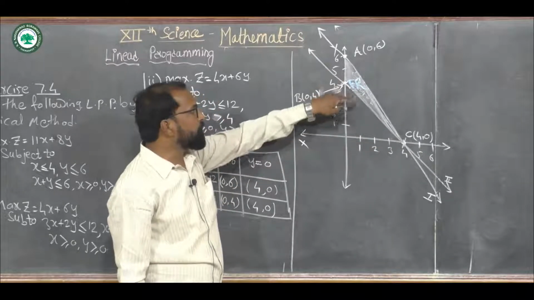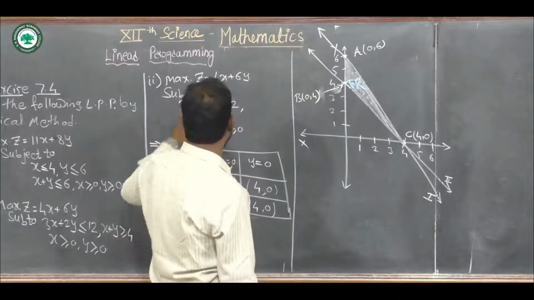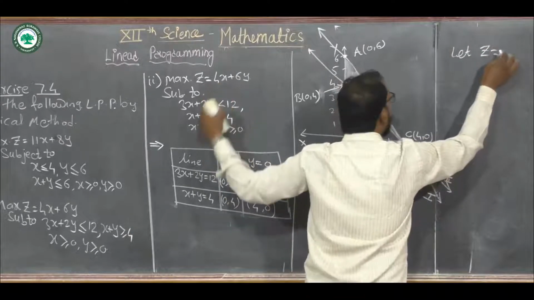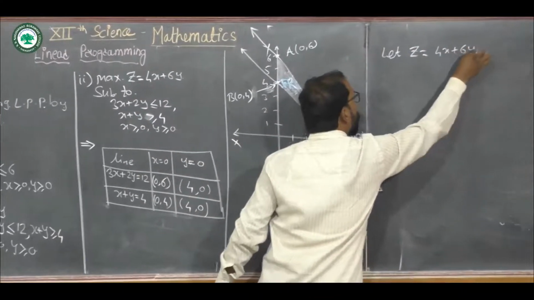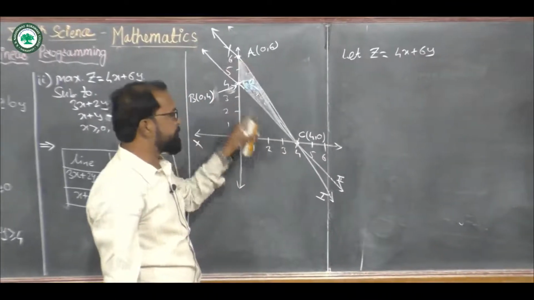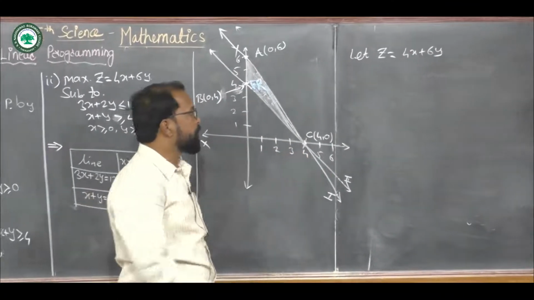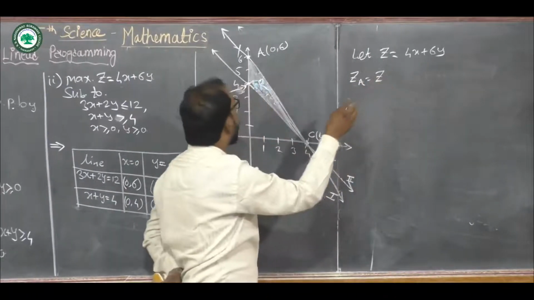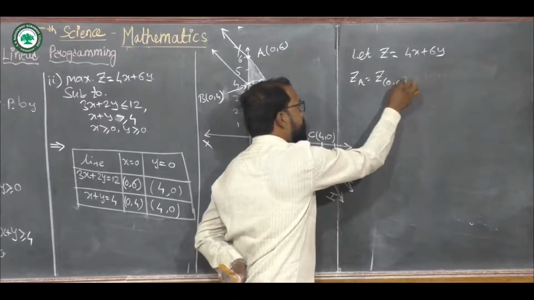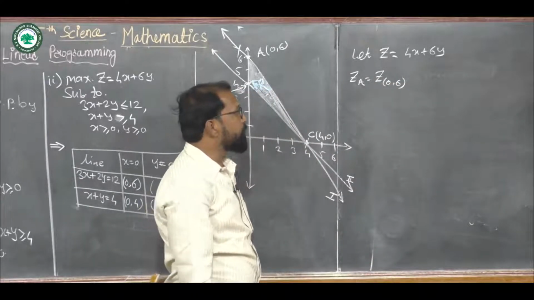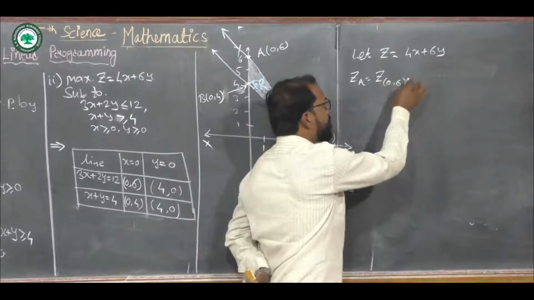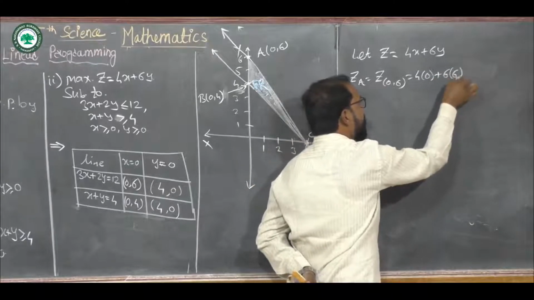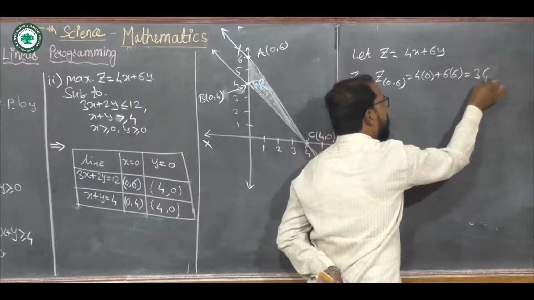Now we find the values of the objective function z equals 4x plus 6y at these 3 points. So z at A, that is z at 0, 6. Putting the value of x equals 0 and y equals 6, we get 4 into 0 plus 6 into 6, which gives 36.